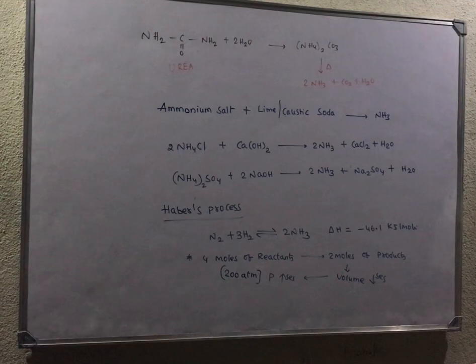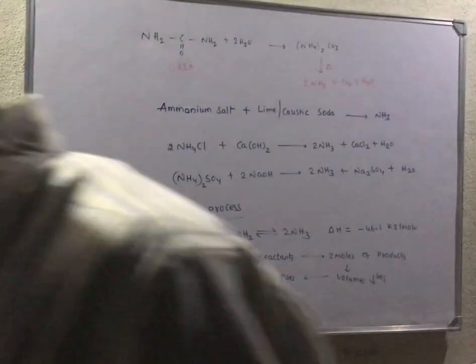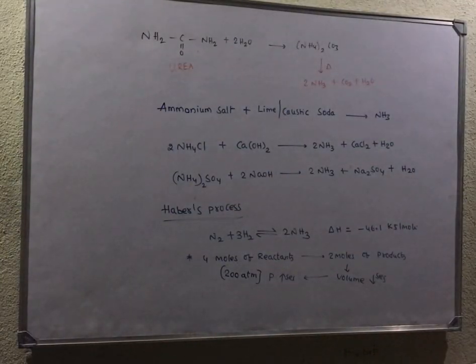In the forward reaction, delta H is negative, which means an exothermic reaction.